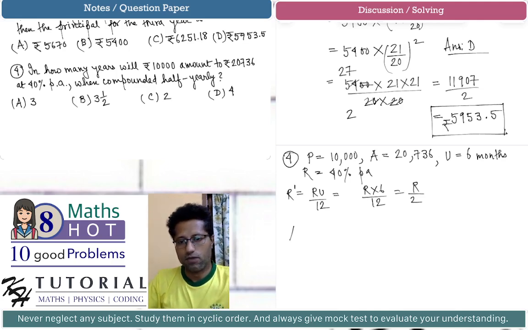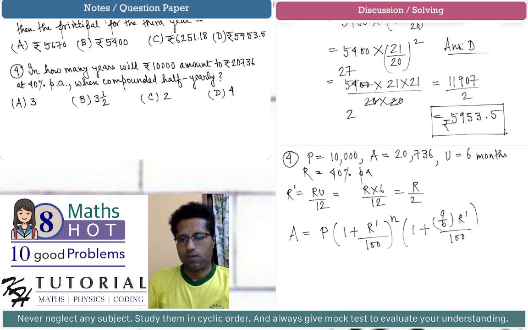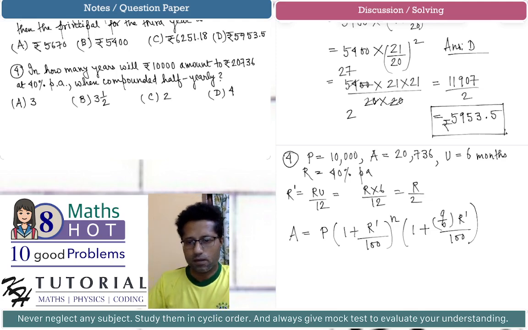So the general formula is amount is equal to P multiplied by 1 plus R dash by 100 to the power small n, multiplied by 1 plus a by b R dash by 100. Now, whenever in any problem on compound interest you are asked to find how many years, the time period T, then if you want to use this general formula, it is better that you consider the fraction a by b as 0.